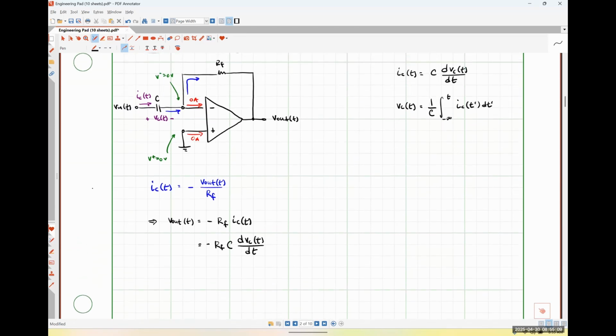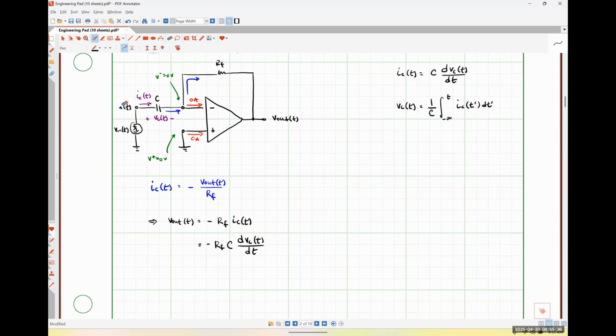And so now what I need to figure out is how my capacitor voltage is related to my input voltage. To make this a little bit easier on you guys, I'm going to modify my circuit slightly. Instead of just saying I have that voltage applied to that pin, I'm going to explicitly include a voltage source here, right?